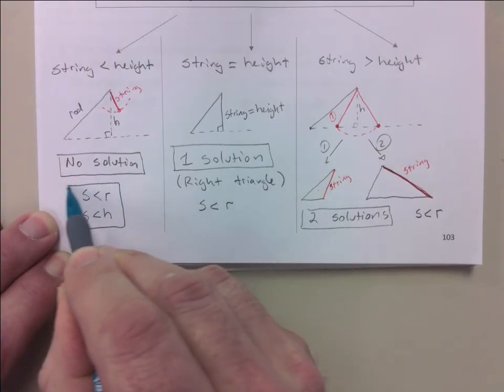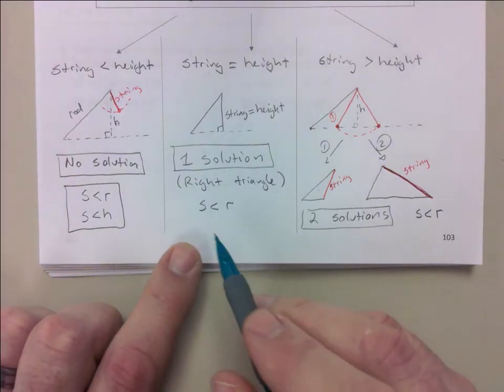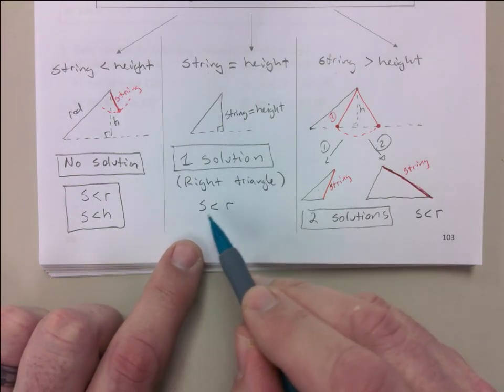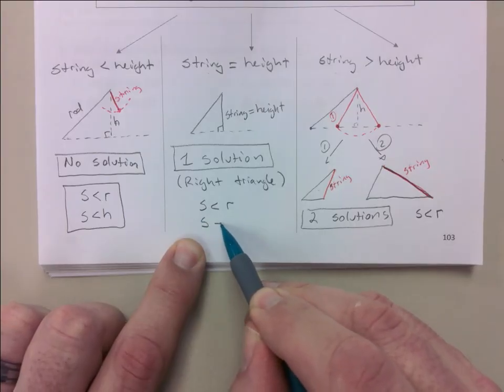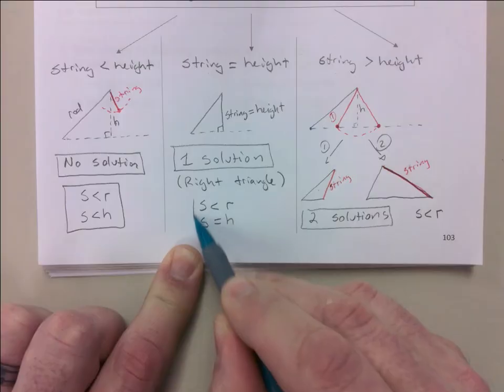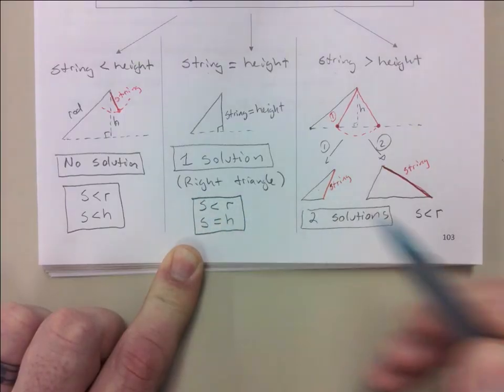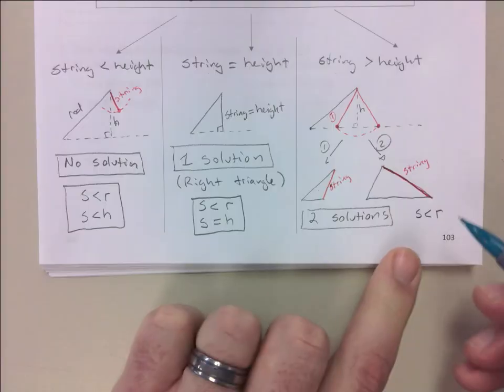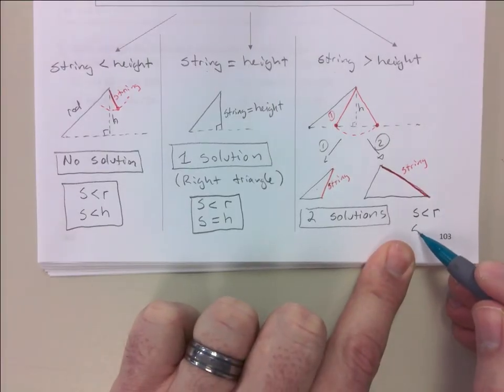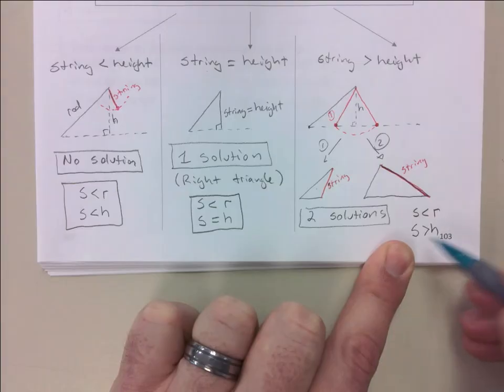This is the justification. In this case, we determined that the string is exactly equal to the height. And in this case, we determined that the string is greater than the height.